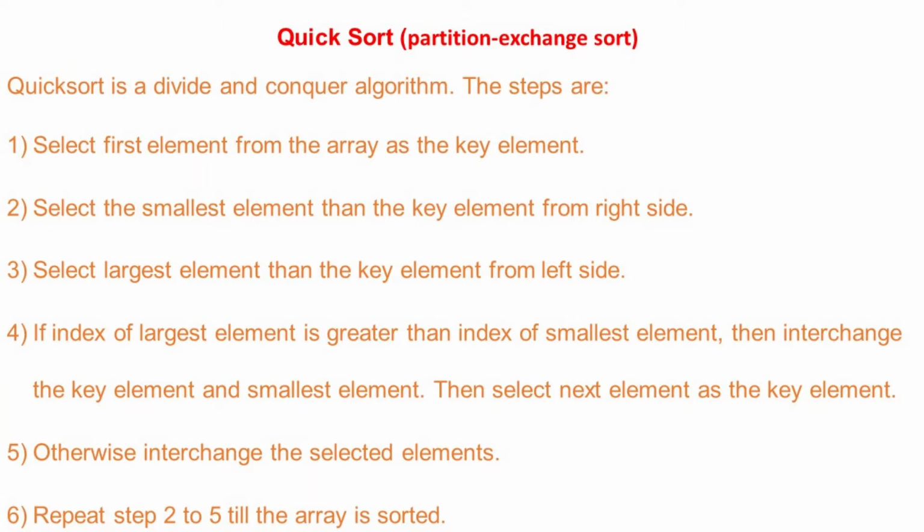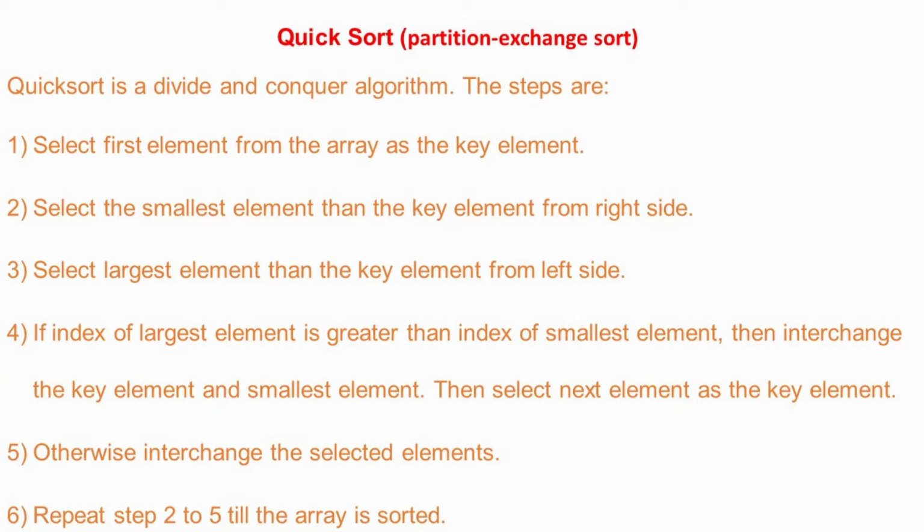That is, check whether the index of the largest element is greater than the index of the smallest element. For example, the index of the largest element is i and the index of the smallest element is j.